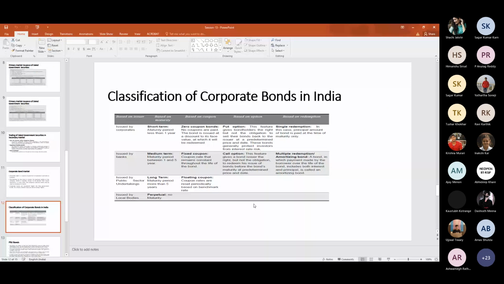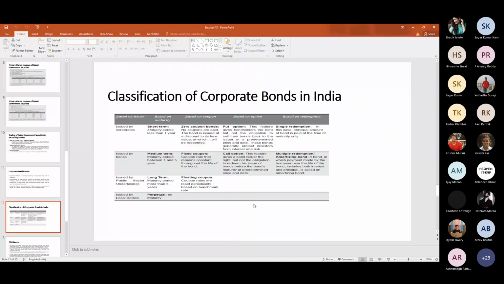That will be mentioned: let the coupon be changed after 1 year, or after 2 years. So up to 2 years, whatever happens in the market is not going to affect the coupon. But after that period is over, there is a possibility that the coupon rate can be changed. So in the floating rate coupon basis, the coupon rates are reset periodically based on the benchmark rate which has been mentioned before.